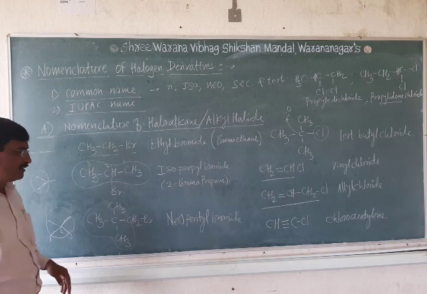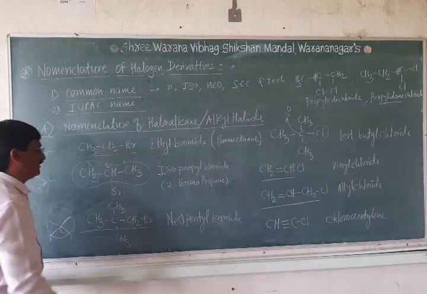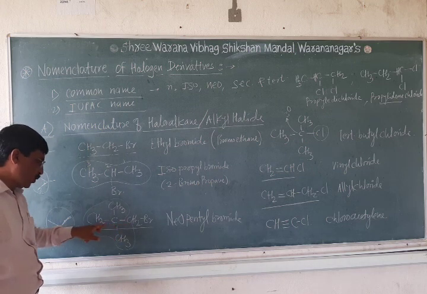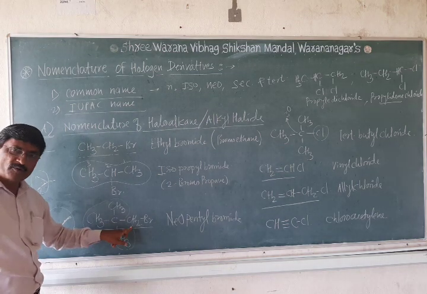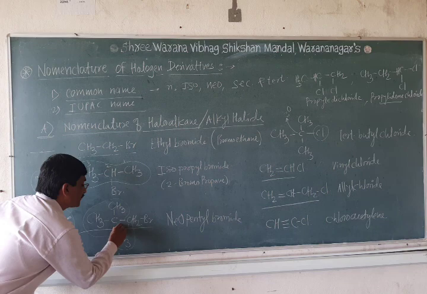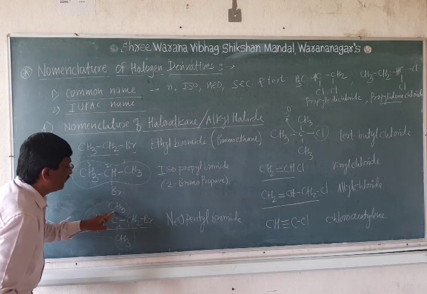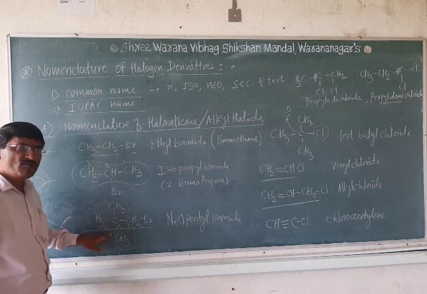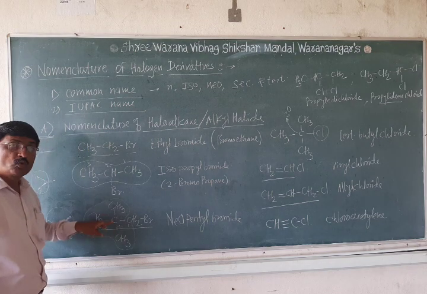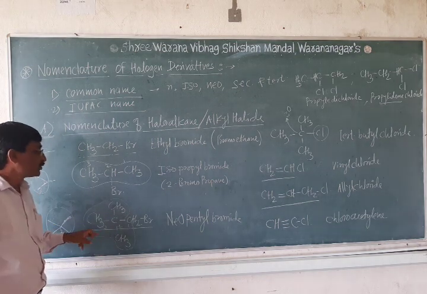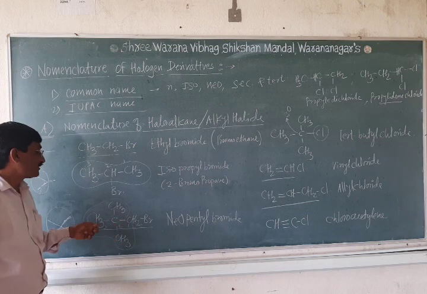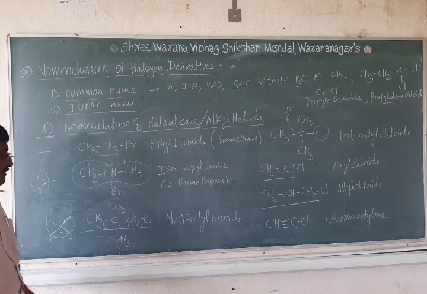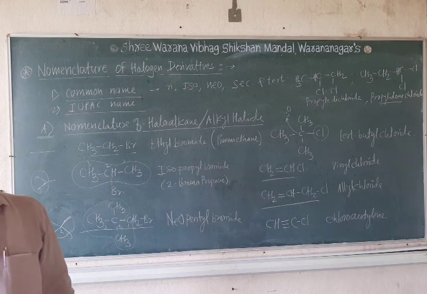What about this? The straight chain CH2, C, CH3. That means 1, 2 and 3. The parent alkane is propane. At the second position, there are 2 methyl groups already present, and that's why the name of this compound is 2,2-dimethyl.